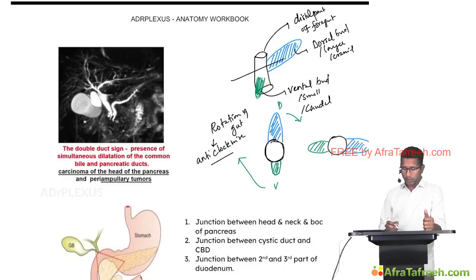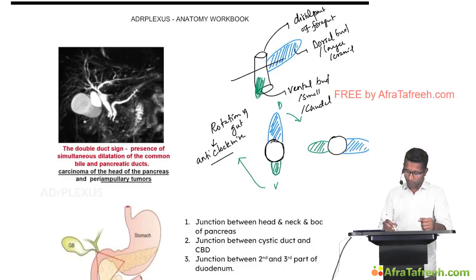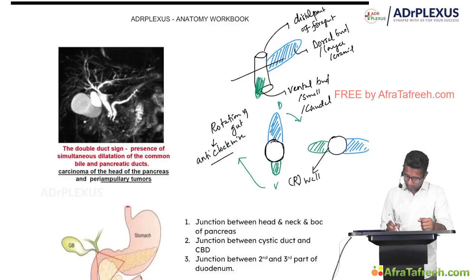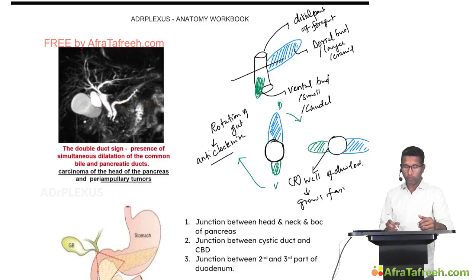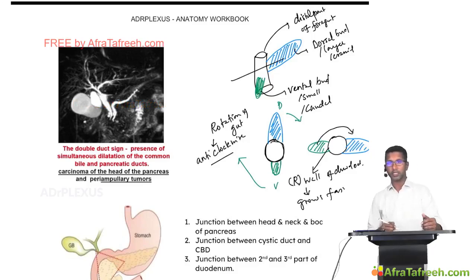Now this is the right wall of the duodenum. This right wall of the duodenum grows more than the left wall. It grows fast. Because of this growth, the ventral bud is carried to the left side.